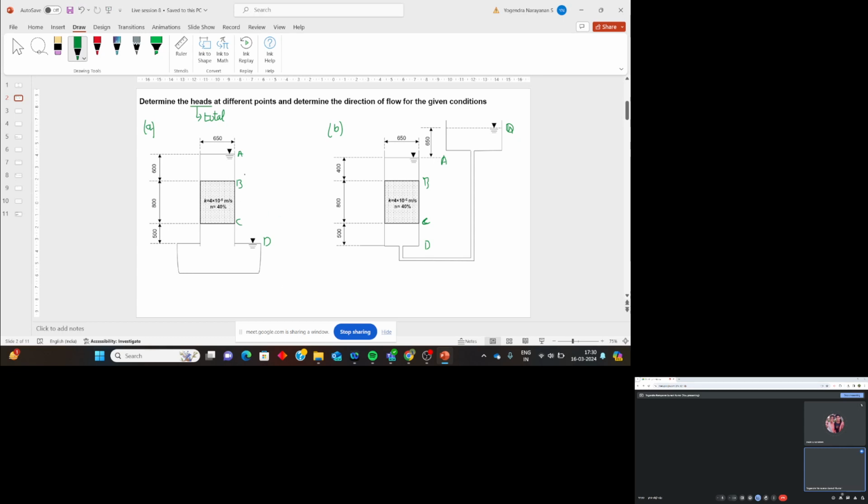Now just make a table here. There are 4 points: A, B, C, and D. This is elevation head, this is pressure head, and here it is total head.